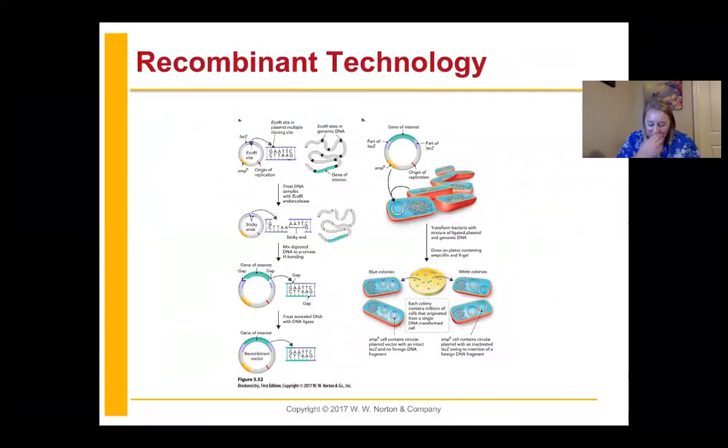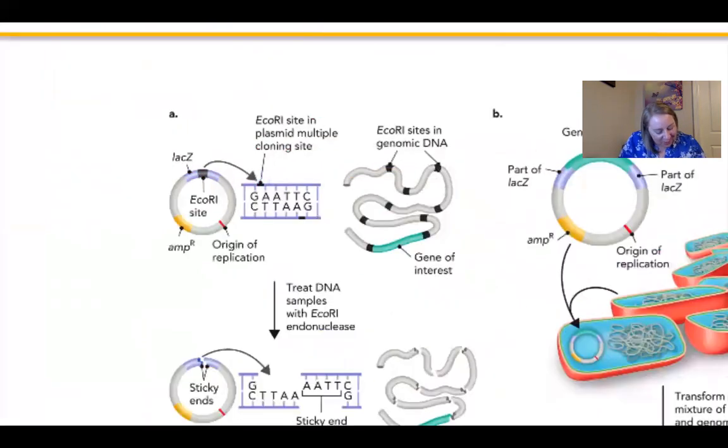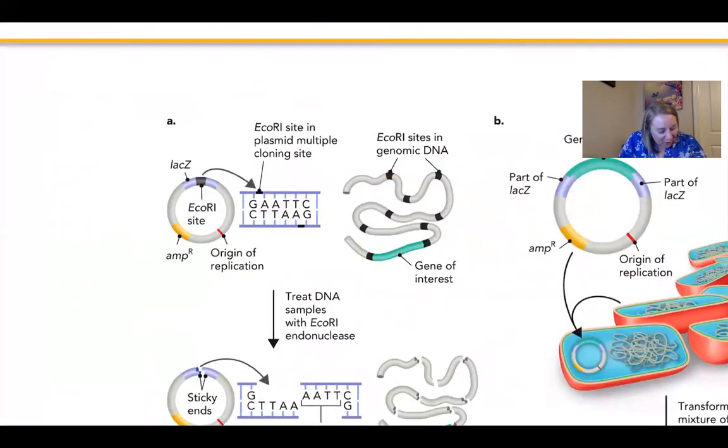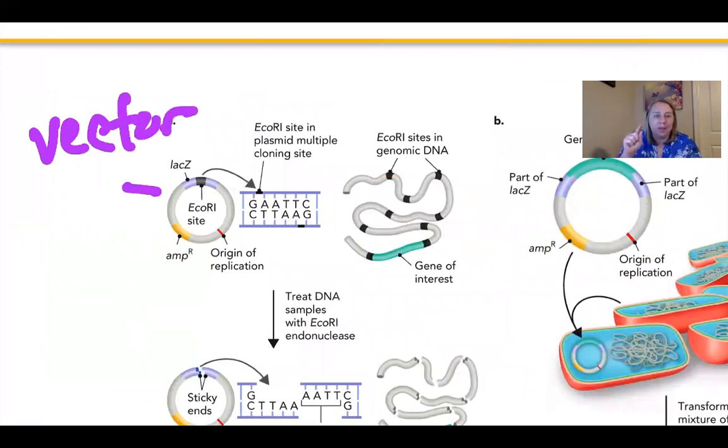All right, so we have our DNA, right? We have our vector. Here's our vector, right? And so we've isolated our insertion site, and we're going to use EcoRI as our restriction enzyme, right? And so we have not only our vector, but we also have our DNA of interest.